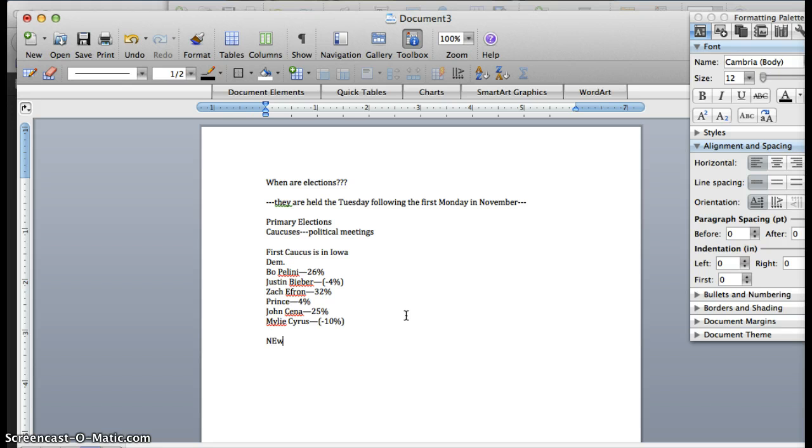Then what's going to happen is we're going to go to New Hampshire. And so we're going to have the same candidates. And so in New Hampshire, Pelini's going to get 25% of the vote. Justin Bieber is going to get 1% of the vote, which is actually an improvement from Iowa because New Hampshire's close to Canada and Justin Bieber's from Canada, so some crazy Canucks spilled across the border and a couple of them voted for him.